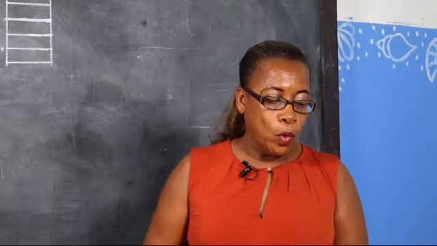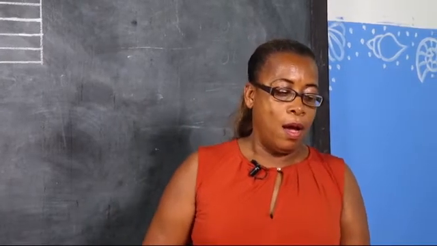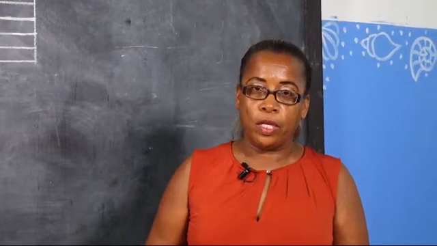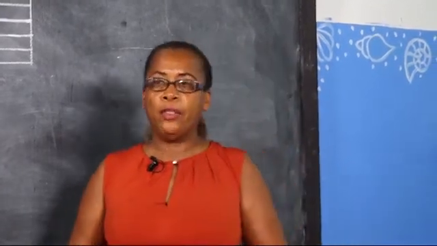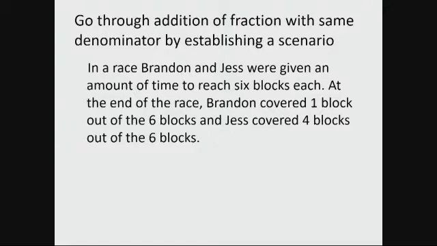We are going to go through an addition of fraction with the same denominator. In a race, okay, Brandon and Jess were given an amount of time to reach 6 blocks each.